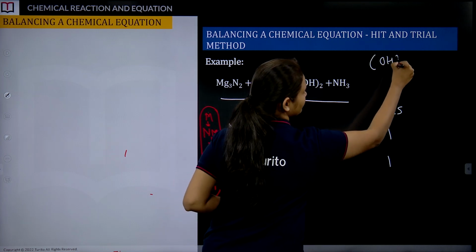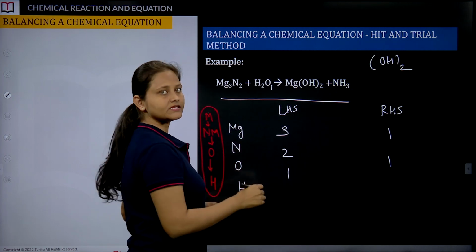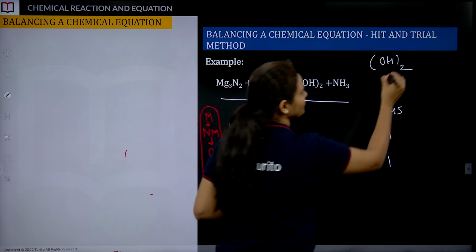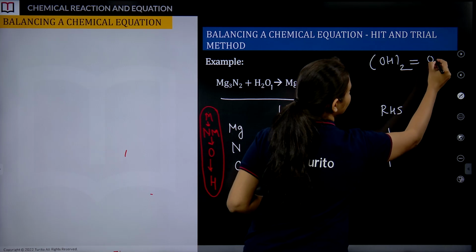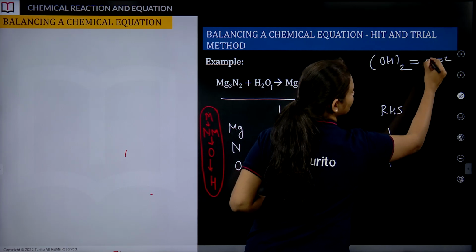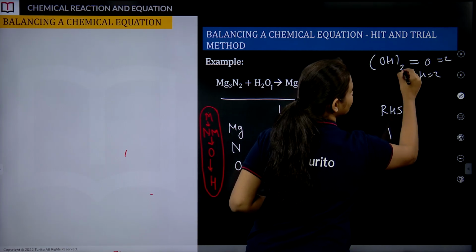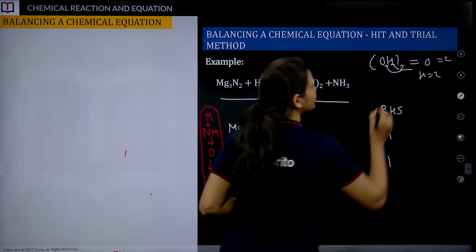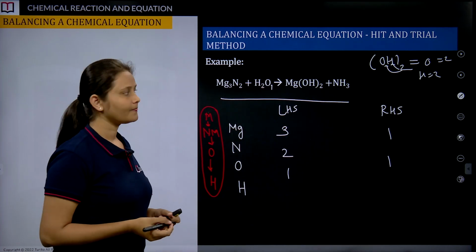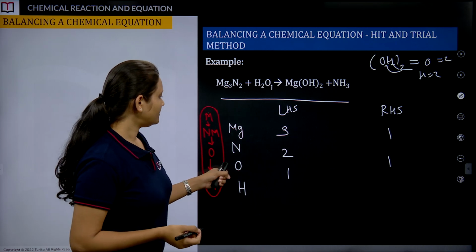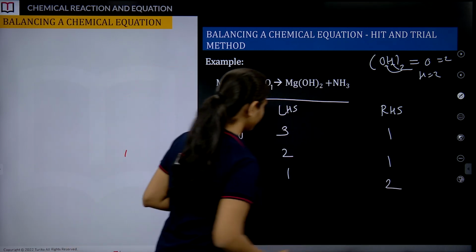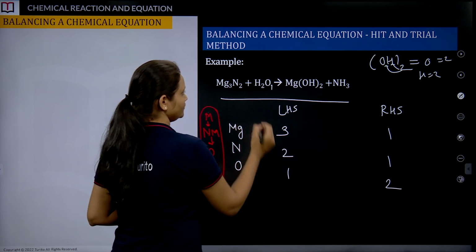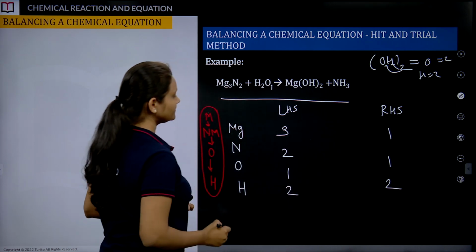Remember I told you, if this is the case, how are we supposed to calculate the number of atoms? So it is O2, okay, it is hydrogen 2. This is applicable for both the atoms or the elements, okay. So here oxygen 1, there oxygen 2, hydrogen 2, correct.